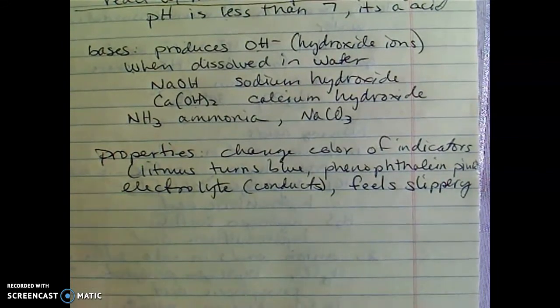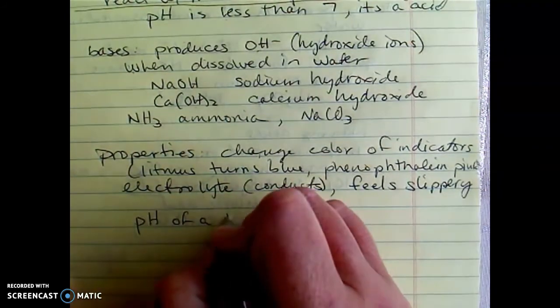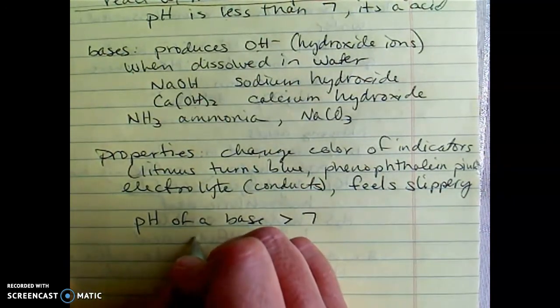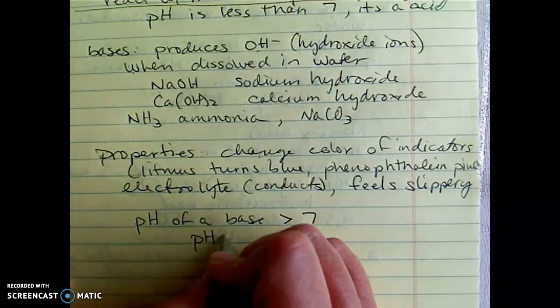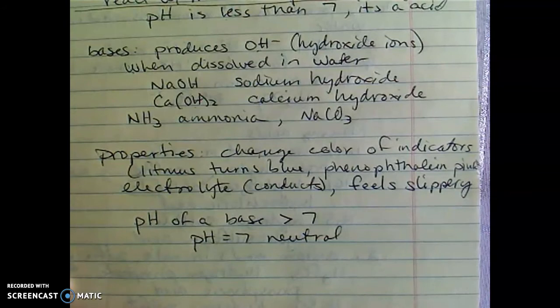Okay, it is corrosive. So those are our properties of our bases. The pH of a base is greater than 7. If pH equals 7, it's neutral. It's not either one. So keep that in mind.